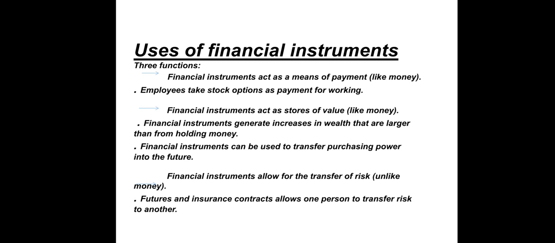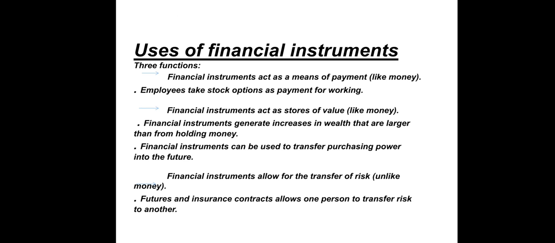Next is uses of financial instruments. So, where can we use financial instruments and how can we use them? Financial instruments act as a means of payment. An employee takes a stock option as payment for working. They act as stores of value. They generate increases in wealth that are larger than from holding money.